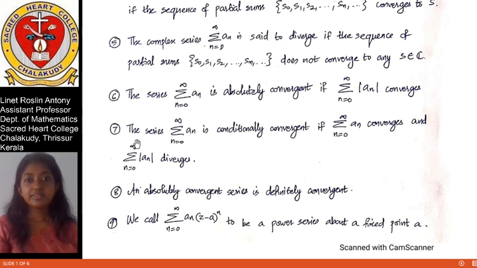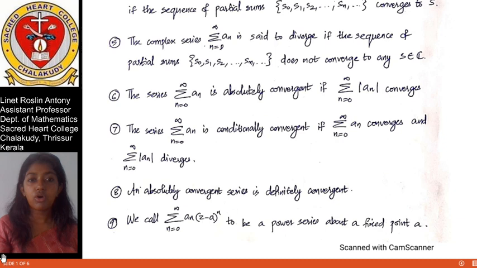Now point number 7 to recall is the series summation n equal to 0 to infinity a_n is conditionally convergent if summation a_n converges and summation modulus of a_n diverges. The eighth point to recall is an absolutely convergent series is always convergent.